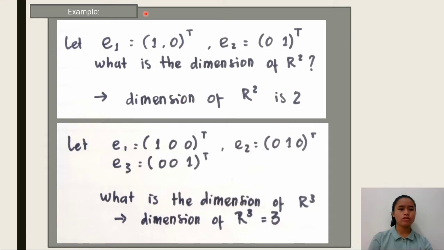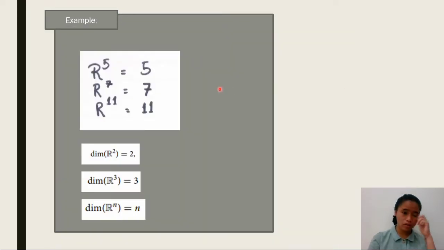So the dimension is 2 and 3. In the next examples, the dimension of R5 is 5, the dimension of R7 is 7, the dimension of R2 is 2, the dimension of R3 is 3, and the dimension of Rn is n.